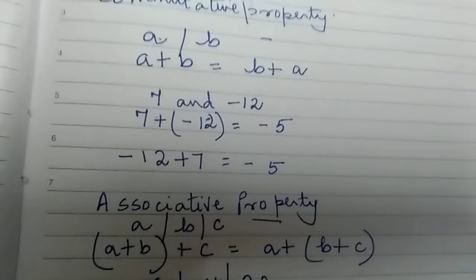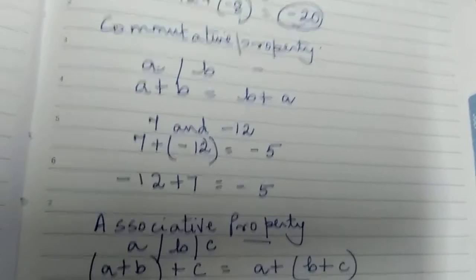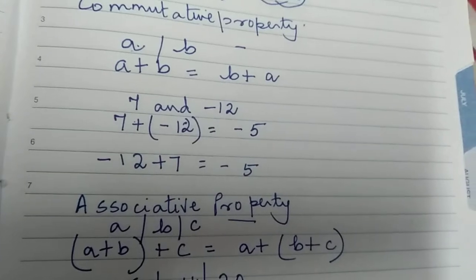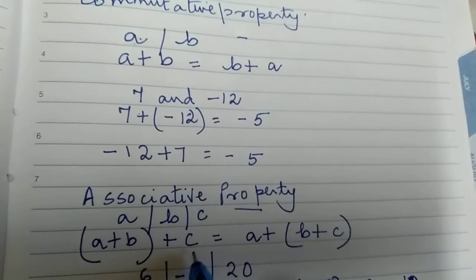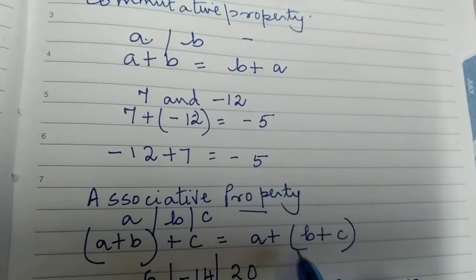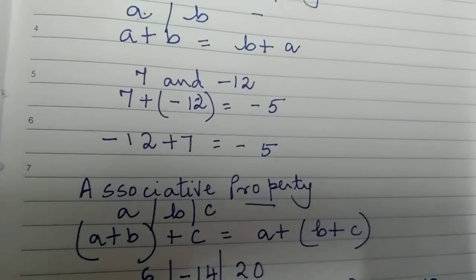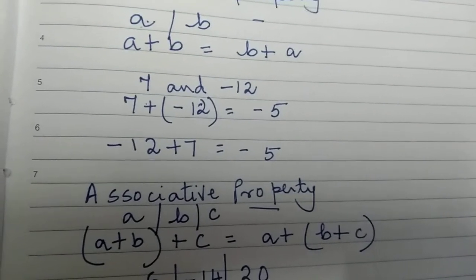The associative property says that if I have three integers a, b and c, then if I first add a plus b and to that result I add c, that will be equal to a plus b plus c added together. Have you understood? Then I'll move on to the next law.